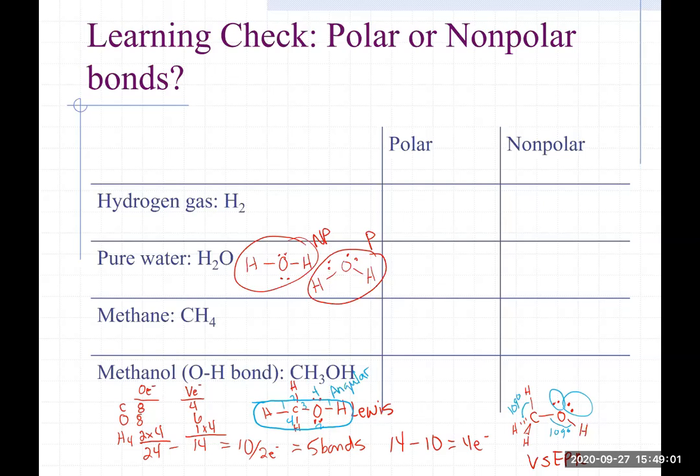So if we look at the carbon, we have at one end a hydrogen, and I'm just going to put little check marks in green by these different ends. So if we look at the carbon, we have a hydrogen, a hydrogen, a hydrogen, and an oxygen. When we look for bond polarity, we look at the atoms on either end of the bond.